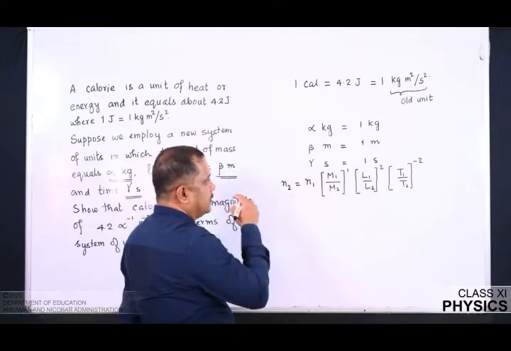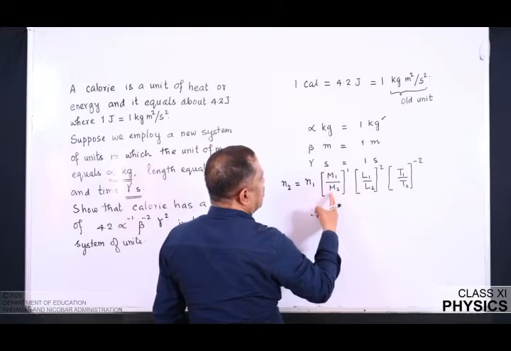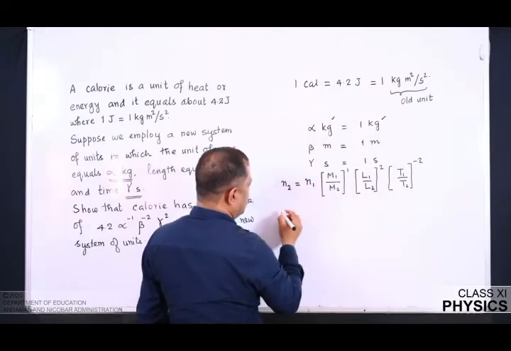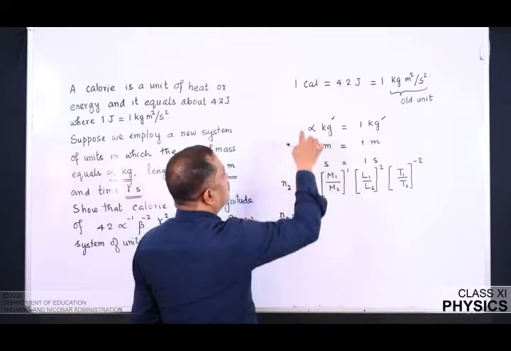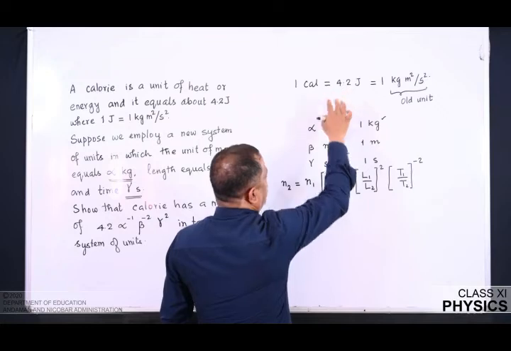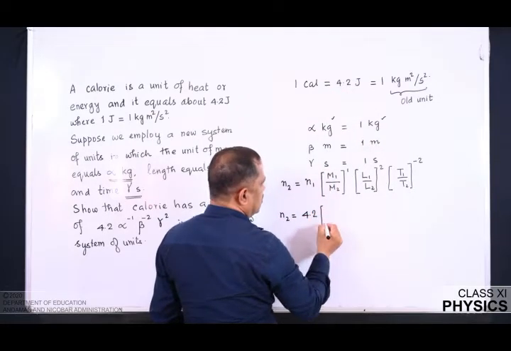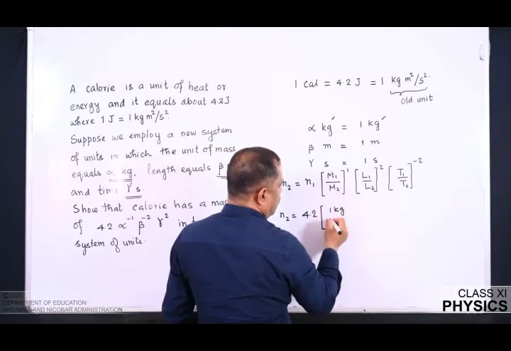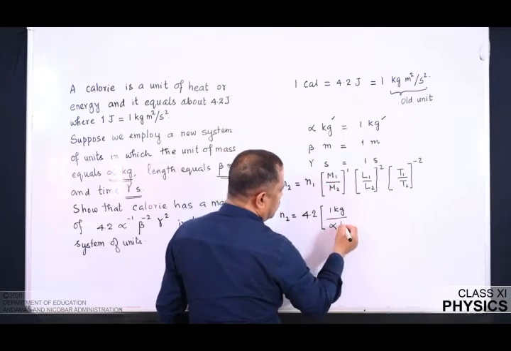So in our case, this M1 is 1 kilogram, in the sense the old system is 1 kilogram and the new system is alpha kilogram. So I am going to write N2 is equal to N1. N1 is 4.2. So as such 4.2 times the old unit, which is 1 kilogram, over the equivalent unit in the new system, alpha kilogram.